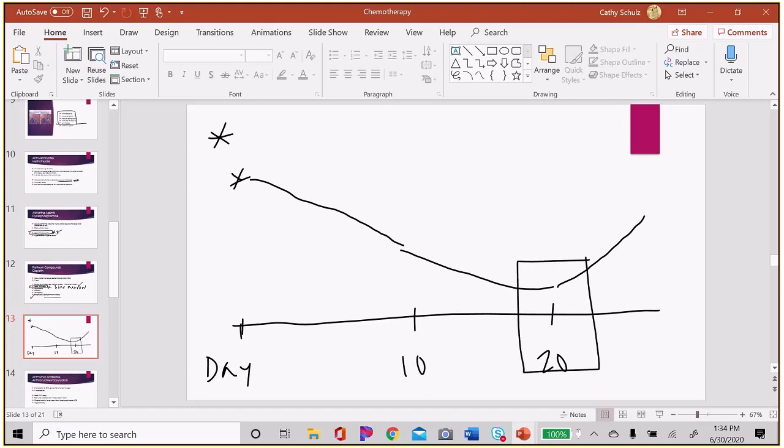This is the point where all along the way we might have to start worrying about the person, but this is the point where we're most worried about this person in terms of especially risk of infection. Because the last thing we want to do is have a patient who's getting chemotherapy get a really bad infection, because then we can't give them their chemotherapy. They have to wait, which means the cancer has the chance to grow while we're trying to treat it.